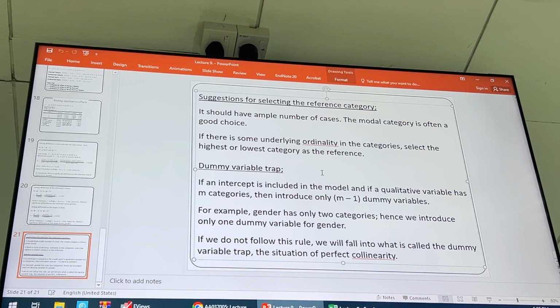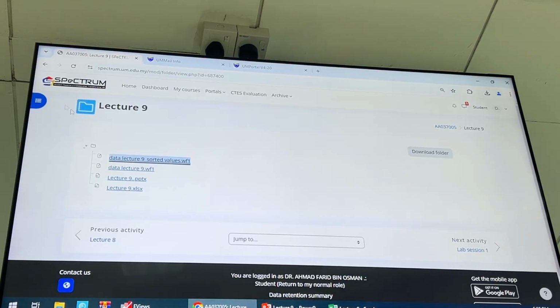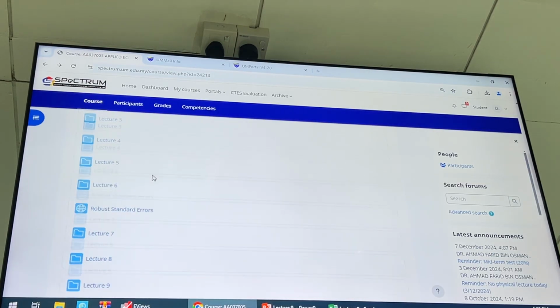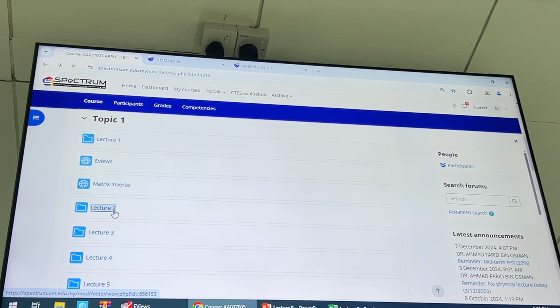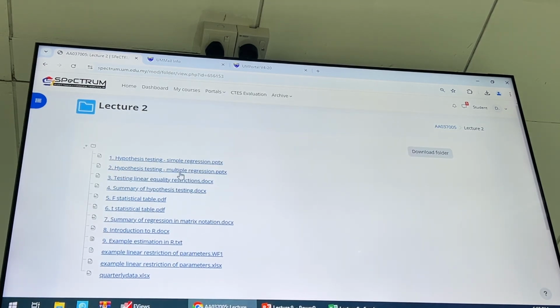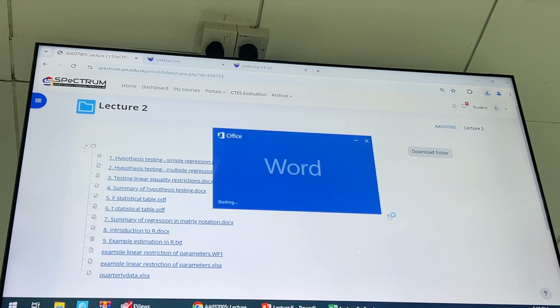For example, gender has only 2 categories, hence we introduce only 1 dummy variable for gender. If we do not follow this rule, we will fall into what is called the dummy variable trap. So what is the dummy variable trap? The situation of perfect collinearity. If you go back to, I think, the second lecture, I provided this summary of the question.